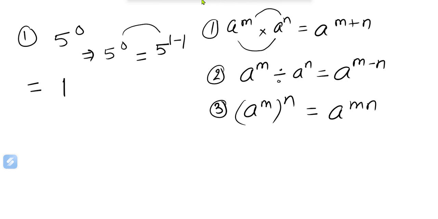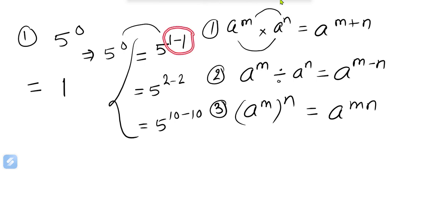Or you can simply write 5^(2-2), or that can be 5^(10-10). So 1 minus 1 is 0, 2 minus 2 is the same 0, or 10 minus 10 is also 0.